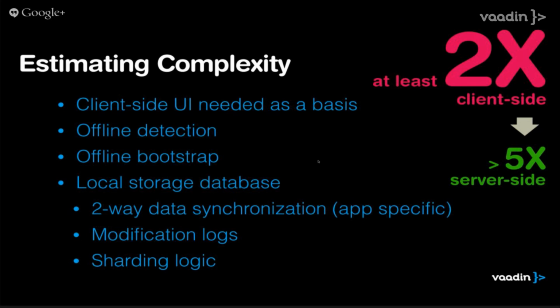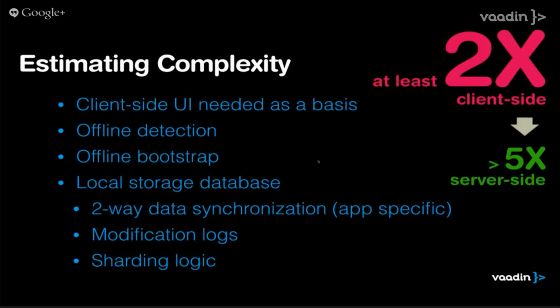And I think this is the key takeaway from here. If you stop and think about it, if in your application there are 5 views, or let's say 4 views as we had on the parking demo, instead of implementing all of these views on the client side with offline mode, you could choose just to implement one of these views on the client side, spend that 5 times extra complexity for that view, and have the rest of the views done on the server side.